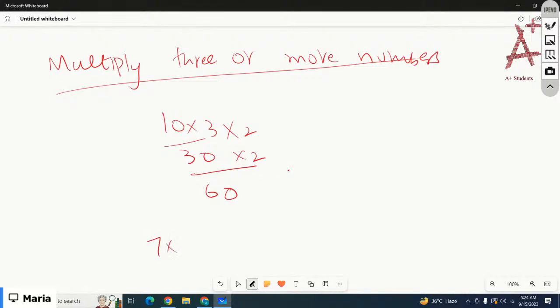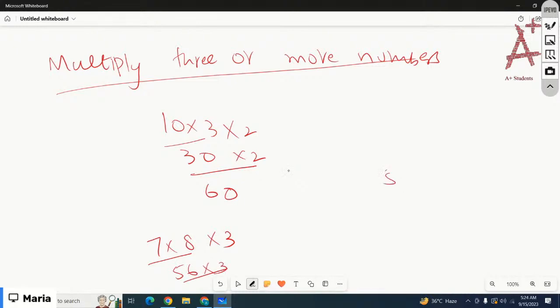The other example is 7 times 8 times 3. So just multiply 7 times 8. 7 times 8 is 56.